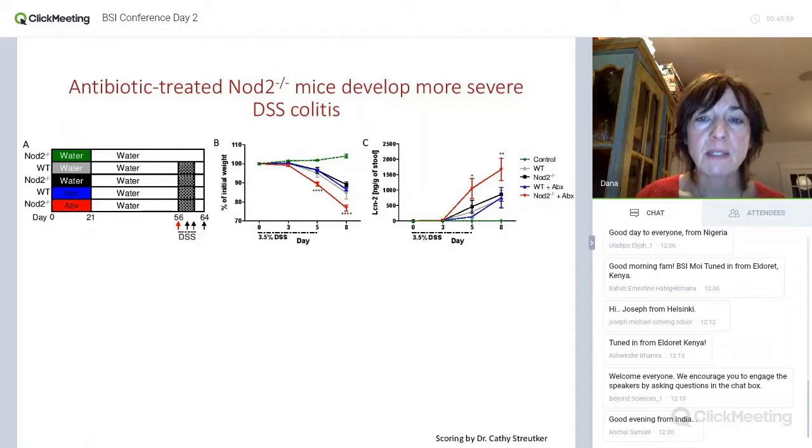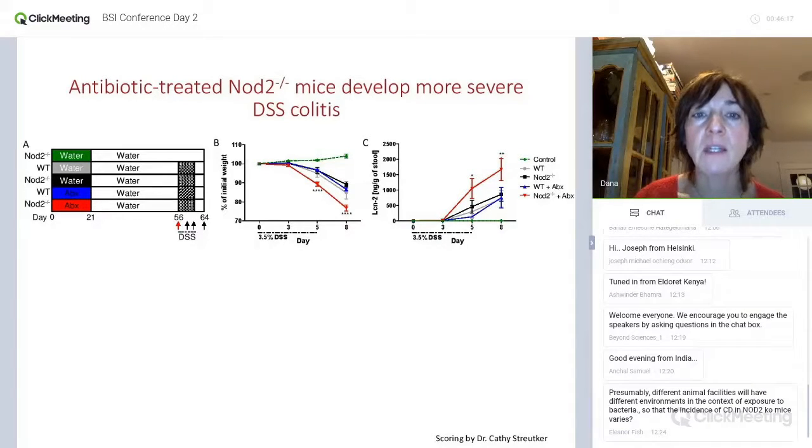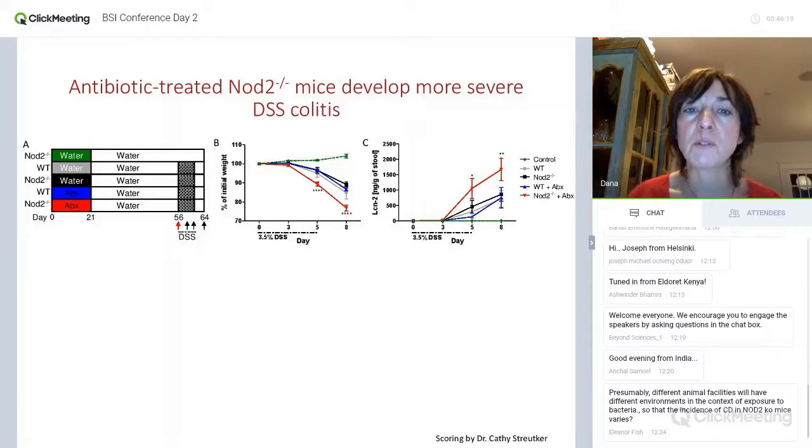And what we found is that the mice that had the neonatal antibiotics, but only the Nod2 genotype, had more severe disease, so they lost more weight, shown here, compared to the other groups. And they also had a greater degree of inflammation. Here we're measuring lipocalin, which is a protein produced by neutrophils and is a very good indicator of gut inflammation in our model.